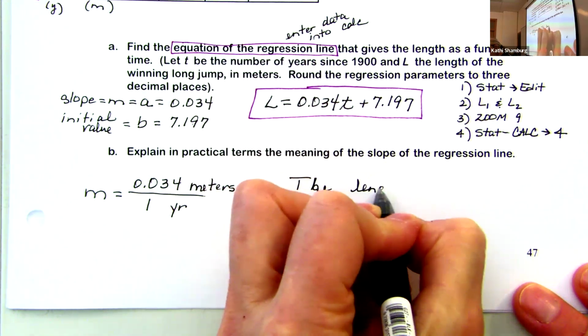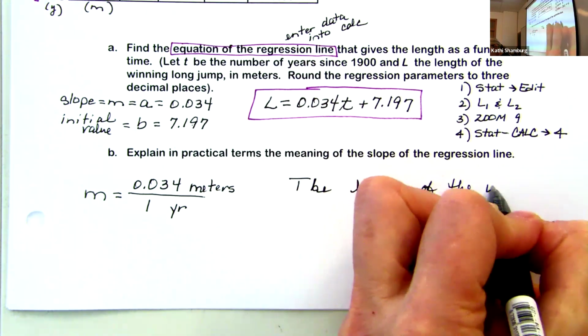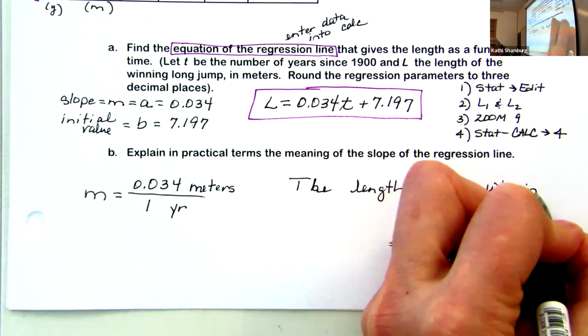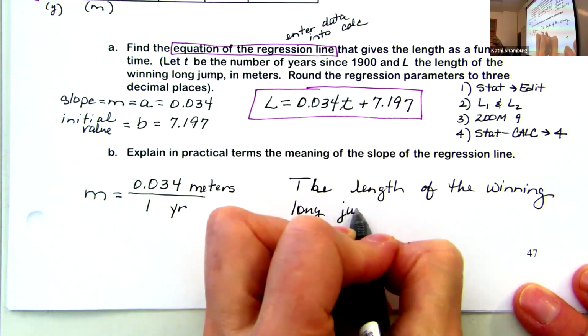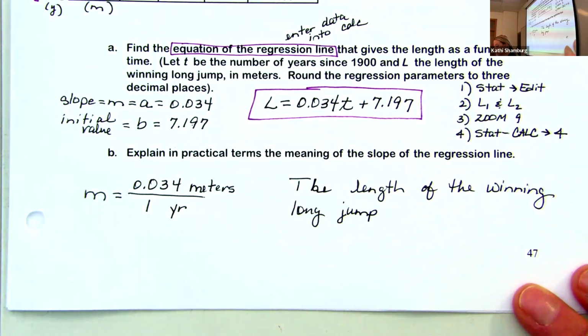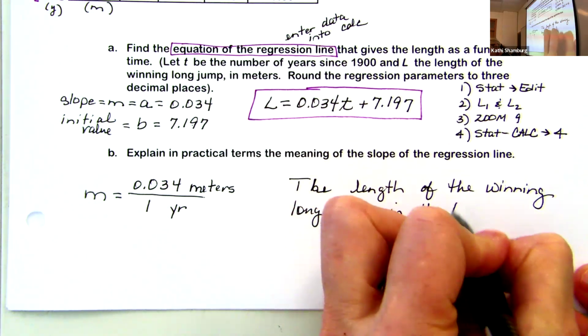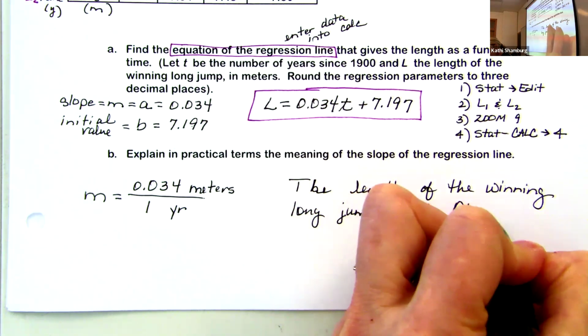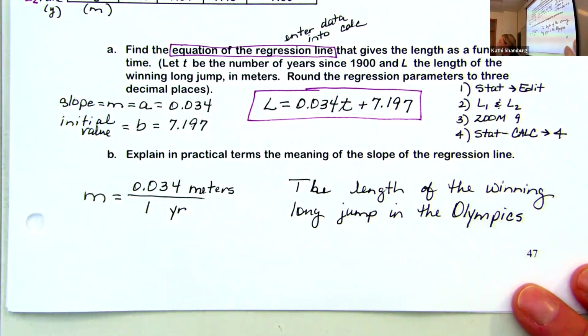The length of the winning long jump, be more specific. In the Olympics. A little bit more specific. What do you think I'm looking for? Since 1900.